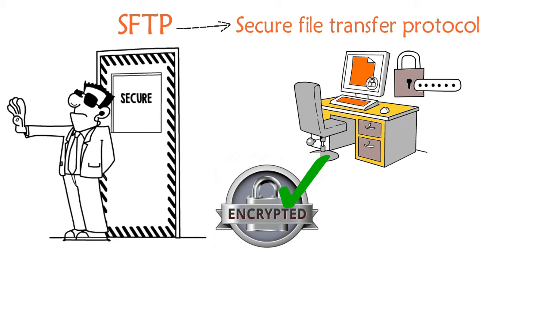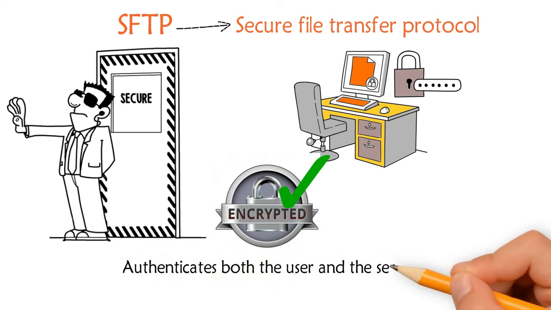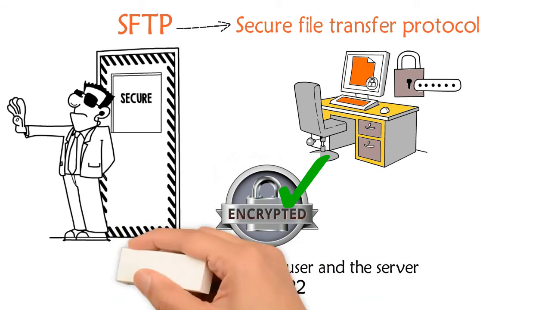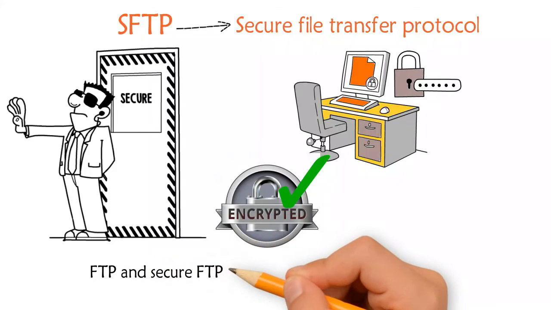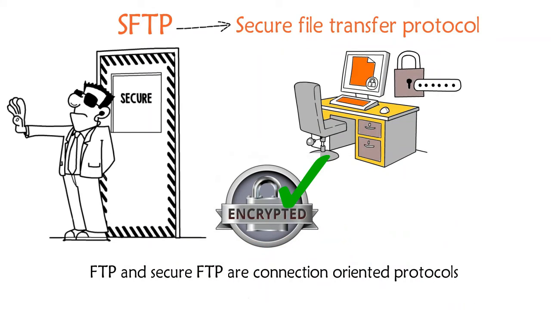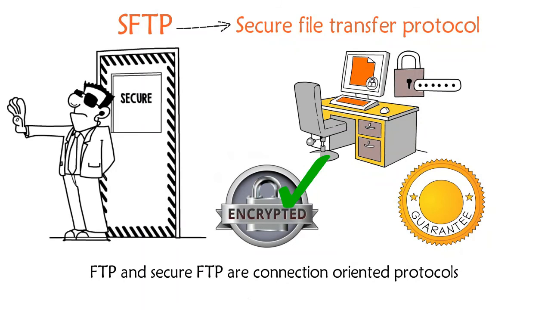It's all encrypted. And Secure FTP authenticates both the user and the server, and it uses port 22. It's also important to note that both FTP and Secure FTP are connection-oriented protocols that use TCP for file transfer, so they guarantee file delivery.